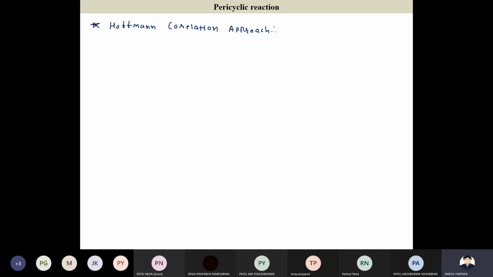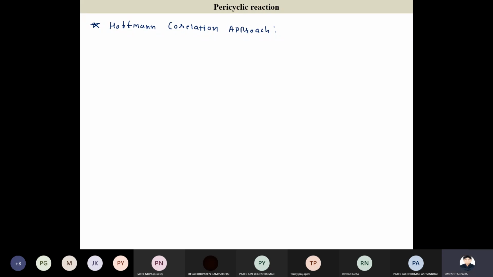See what happens in the case of the Hoffmann correlation diagram. We have already mentioned symmetry in the different orbitals, on different levels. So in Woodward Hoffmann correlation, a very important thing is you have to match the symmetry of reactant with the symmetry of product.